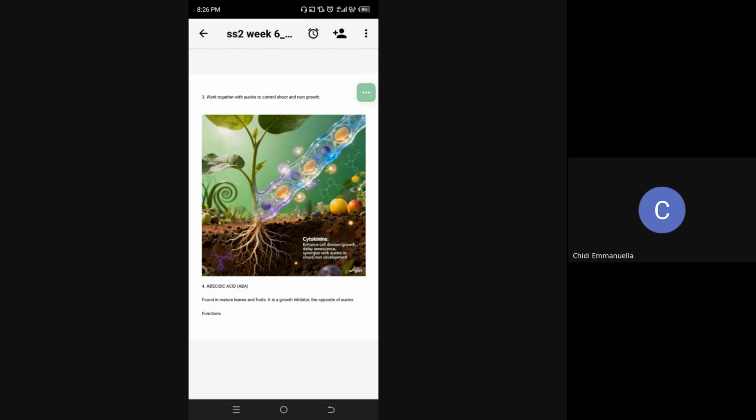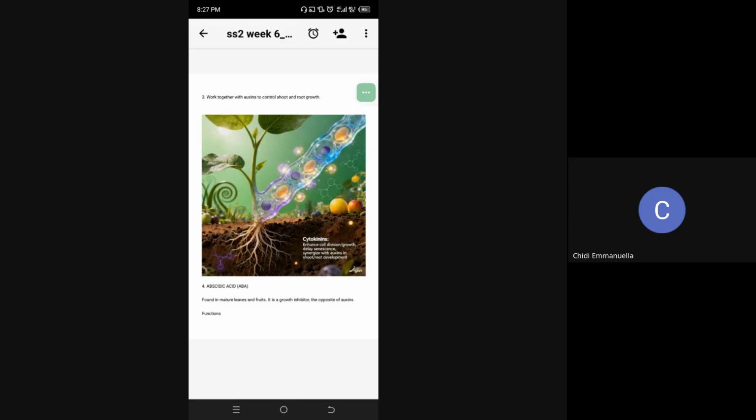Induce means to enhance. But when you talk about inhibitor, it means it's doing the opposite. It does not allow the plant to grow. It does not allow growth to occur. You understand?